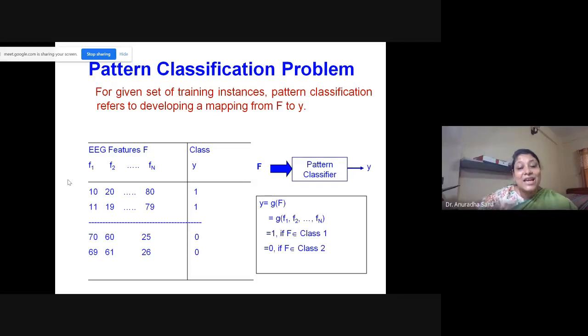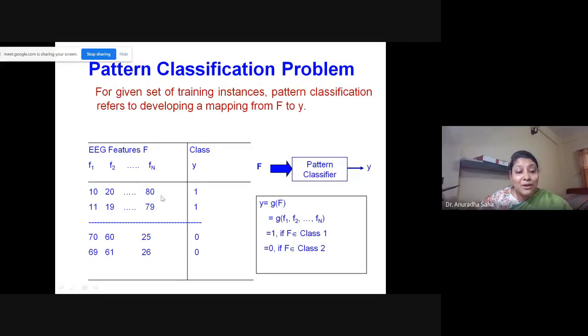Let's say you have extracted capital N number of features from this filtered EEG signal. So for one particular instance of giving naphthalene to the human subjects, let us assume that these are the feature values you are getting.